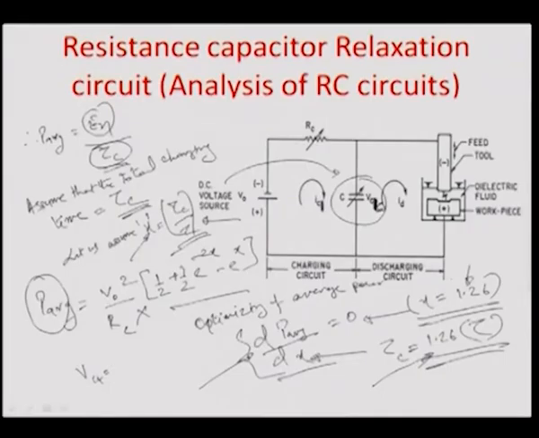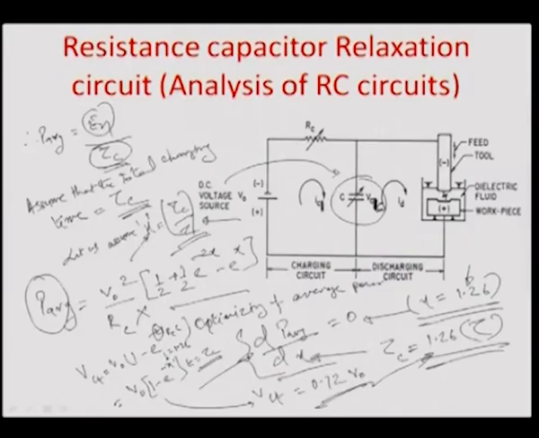So, this can be represented as V0 times 1 minus e to the power of minus t by RC. We are considering this t to be equal to Tc, the charging time, therefore, V0 times 1 minus e to the power of minus x. If you put the value of x equal to 1.26 here, VC(t) would come out to be equal to 0.72 V0.